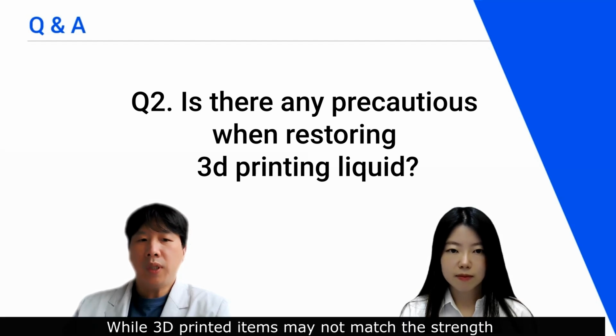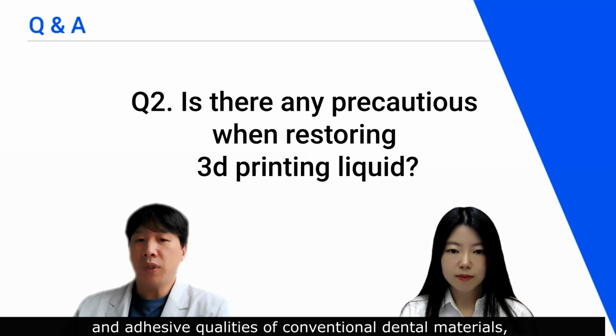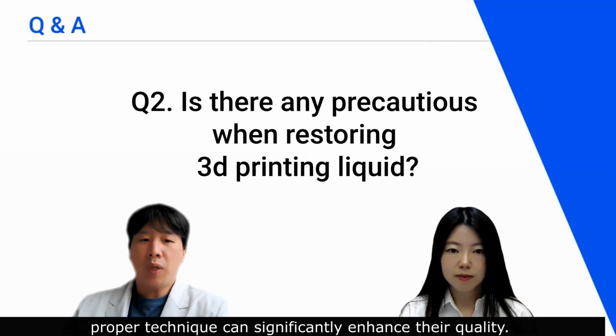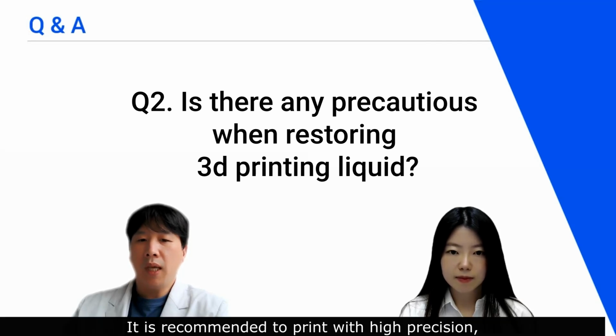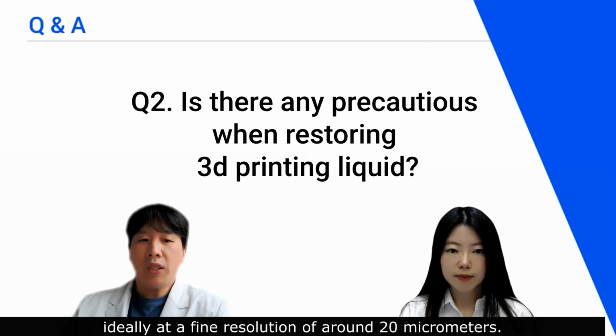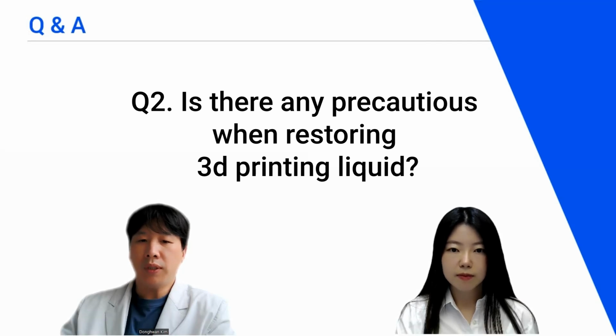While 3D printed items may not match the strength and adhesive qualities of conventional dental materials, proper technique can significantly enhance their quality. It is recommended to print with high precision, ideally at a fine resolution of around 20 micrometers.